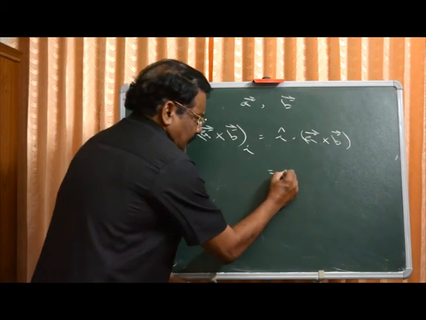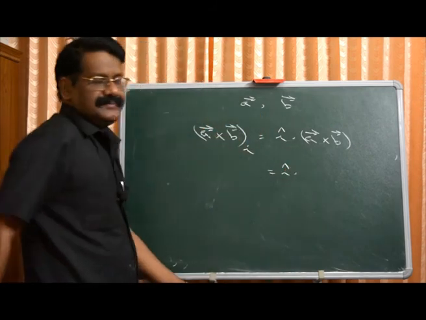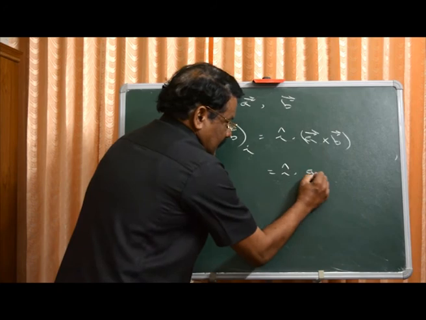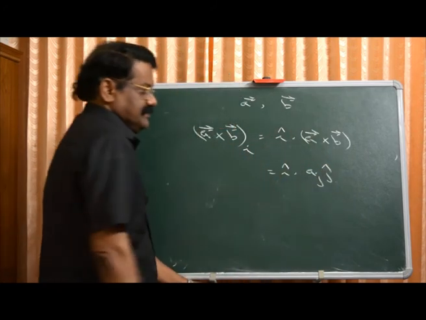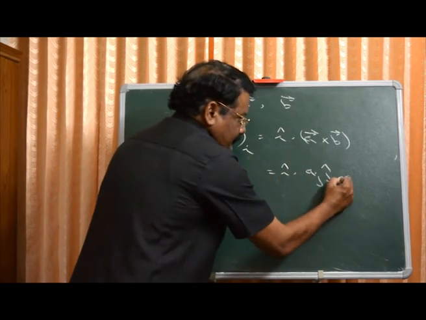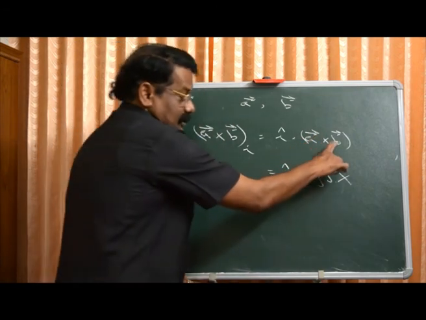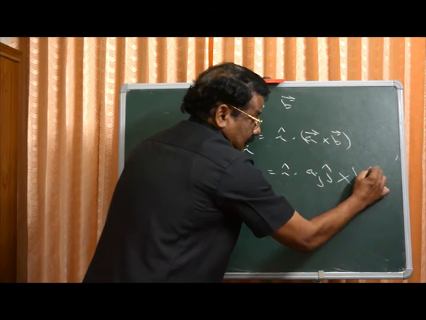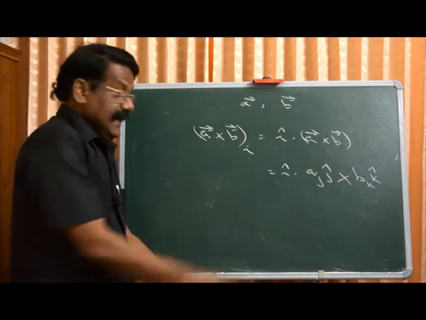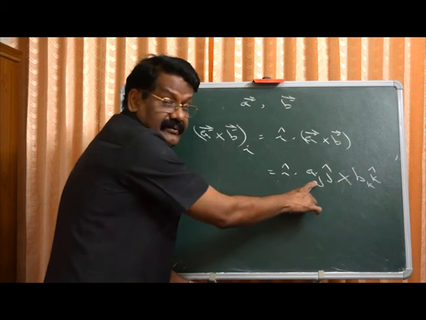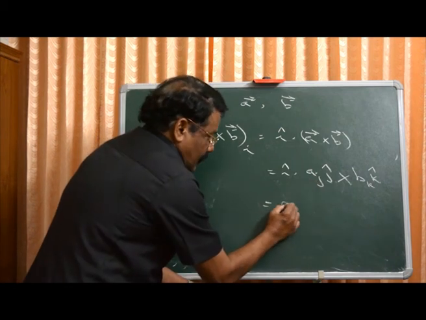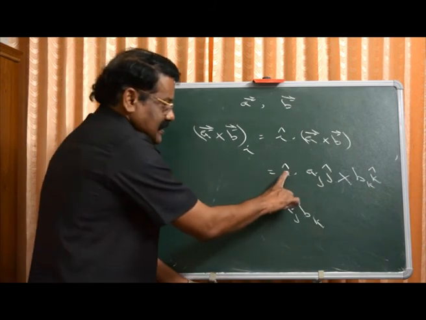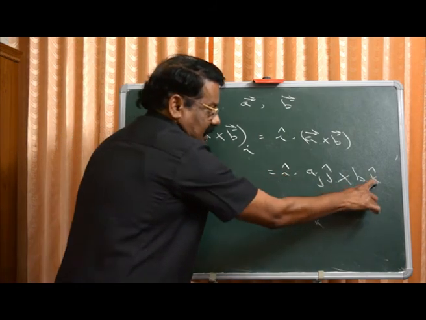This can be rewritten as i dot. Instead of vector A, the tensor notation is Aj into j. Cross. In tensor notation, B is Bk k. Aj and Bk are numbers. So Aj Bk. The remaining is i dot j cross k.